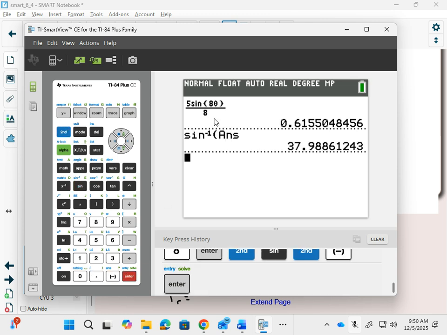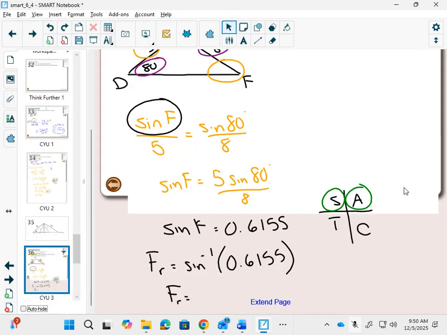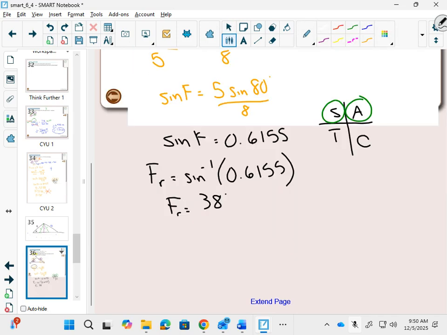Does it say to the nearest degree? Yes, to the nearest degree. All right, awesome. So 38 degrees. So that means angle F could be 38 degrees or 180 minus 38 degrees, 142 degrees.